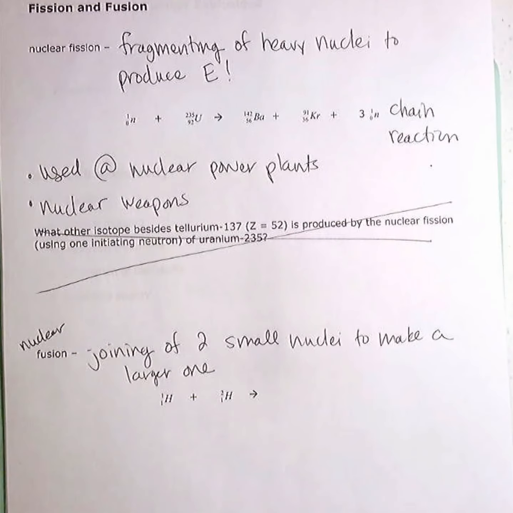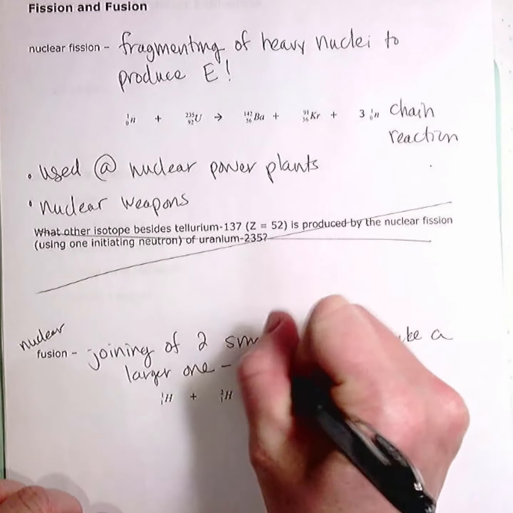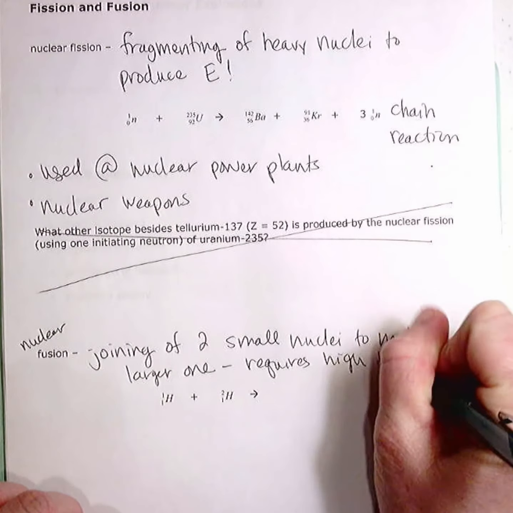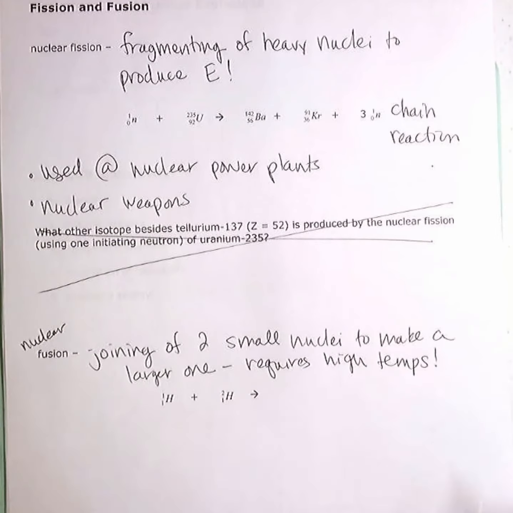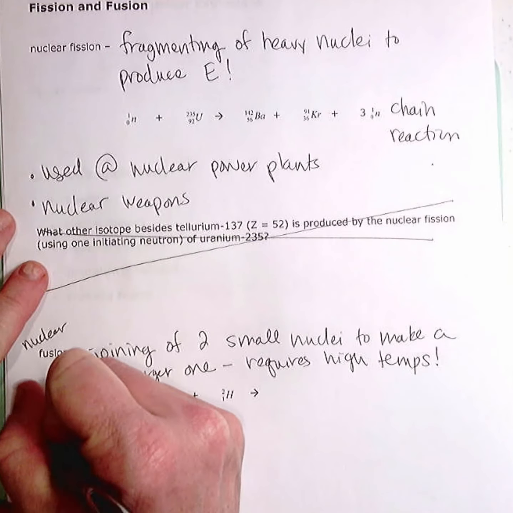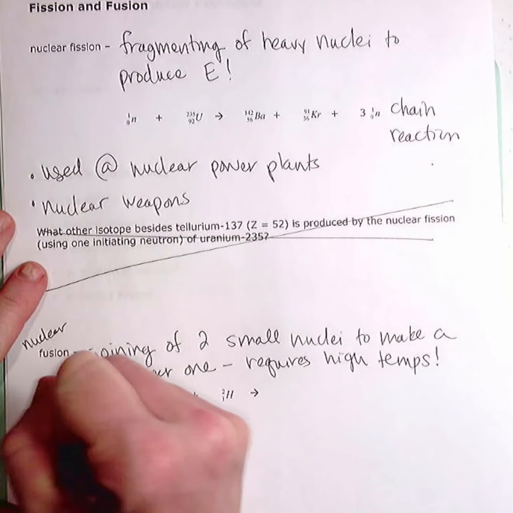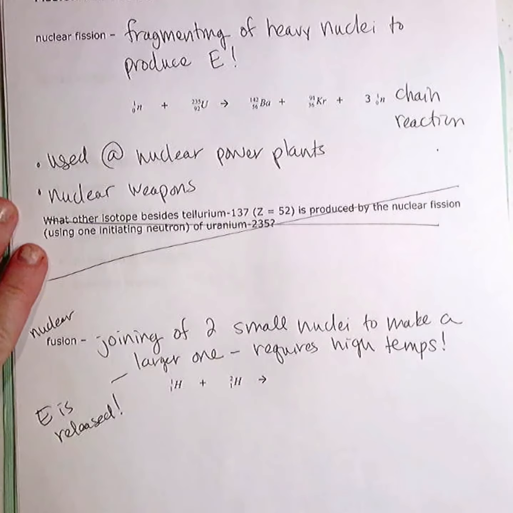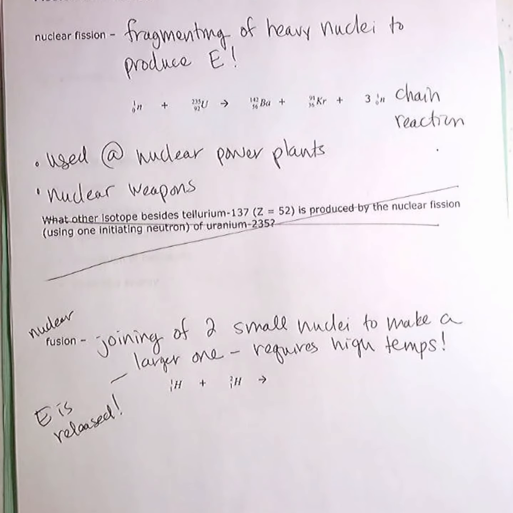This process requires high temperatures to cause the nuclei to join together. Large amounts of energy are released. So both fission and fusion release a lot of energy.